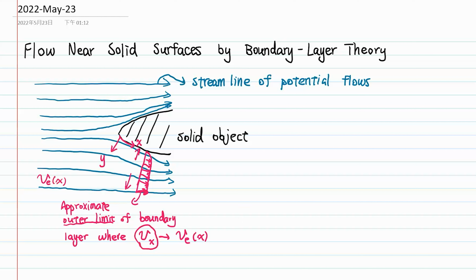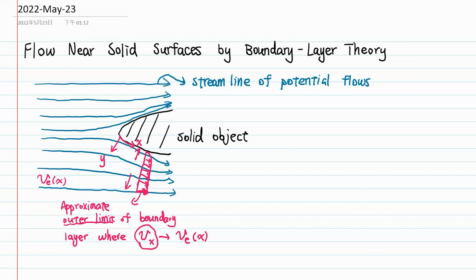Okay, so let's go through what's happening again. When you have a potential flow that's flowing into the solid object, or if the solid object is immersed in a flow, what happens is that you still need to fulfill the no slip condition, right? But that's going to happen within a very small distance. And within that small distance, the velocity is going to change from 0 at the boundary, no slip condition, gradually to the bulk flow velocity, v sub e.